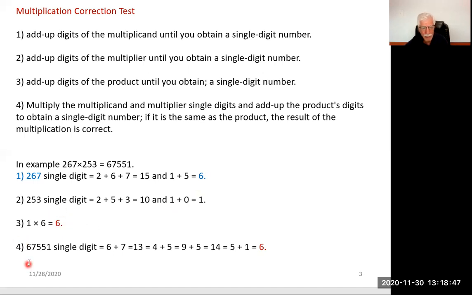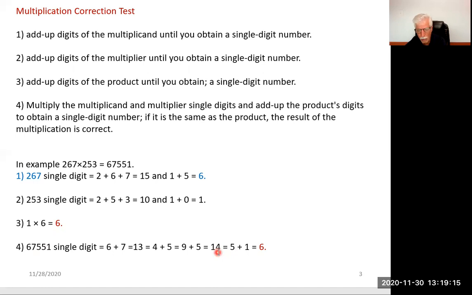Our product is 67,551. So let's add up all these digits also and see what we will obtain. 6 plus 7 is 13. 1 plus 3 is 4. Now we add this 4 to this 5 is 9. And add this 9 to this 5, and that is 14.